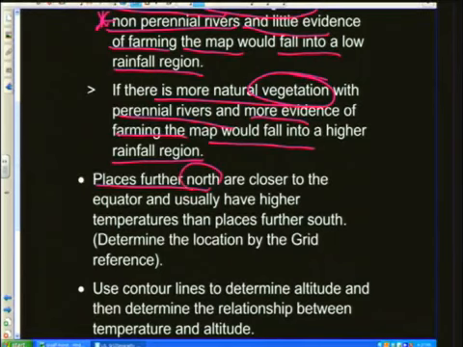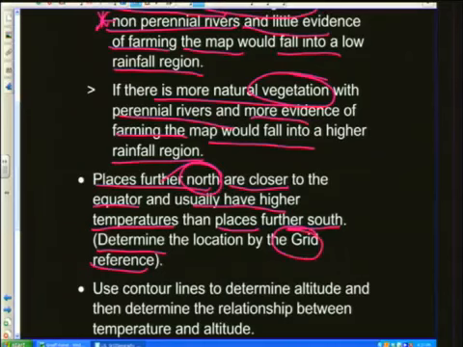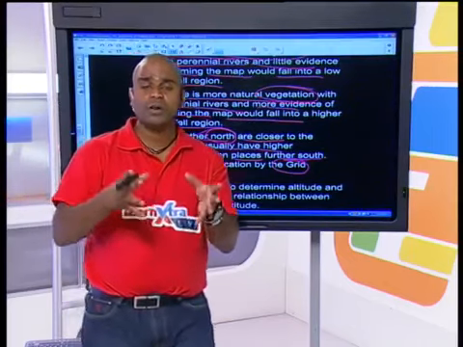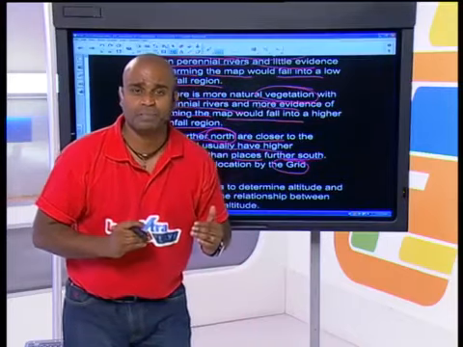Places further north are closer to the equator and usually have higher temperatures than places further south. This can be determined by the location of the grid reference. So, what we've been doing is understanding the position in relation to the equator. What we know is that the equator is your temperate region due to its high temperatures.